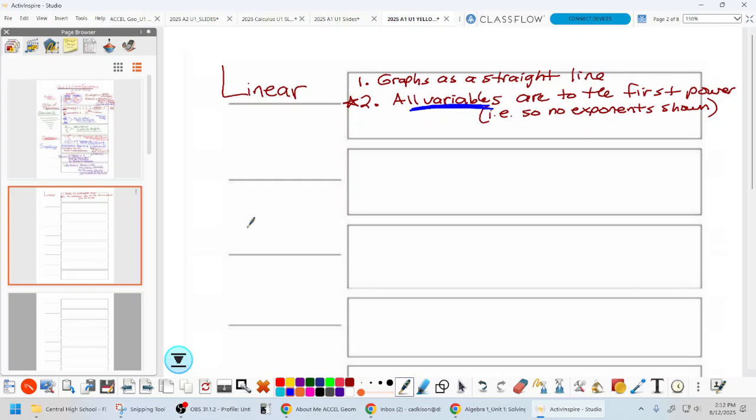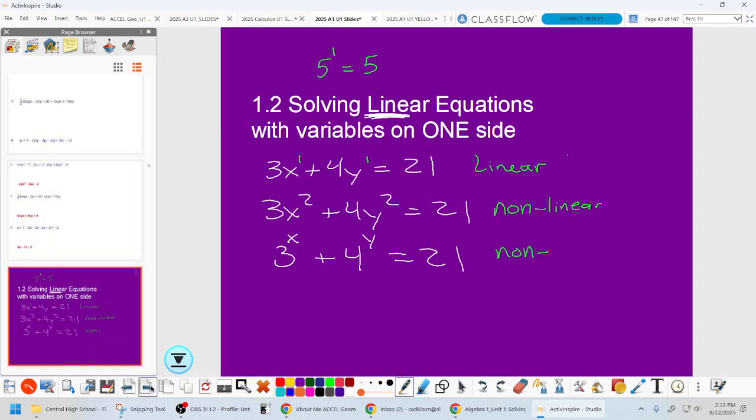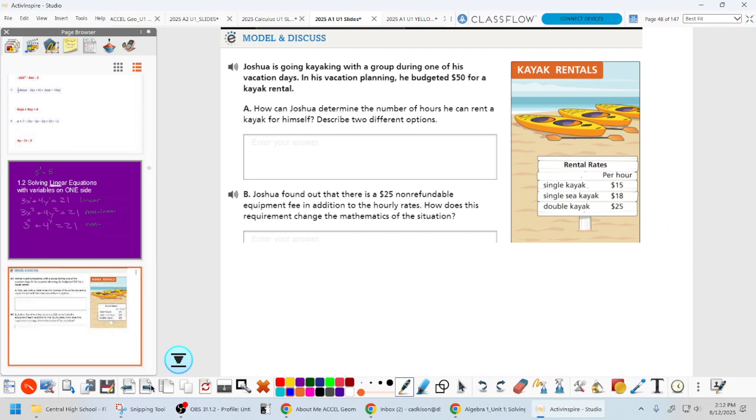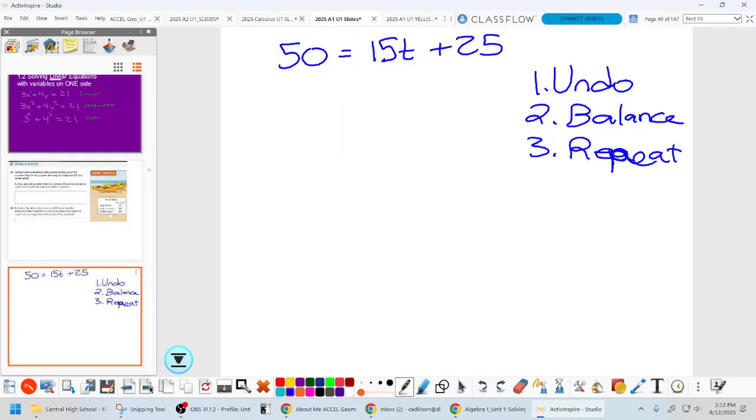So when we say solving linear equations, let's put one up here and see how you feel about it. I'm going to come back to that. So here's one. Don't shout anything out, but before we even do this, give me a thumb on your confidence with solving for t in this case.